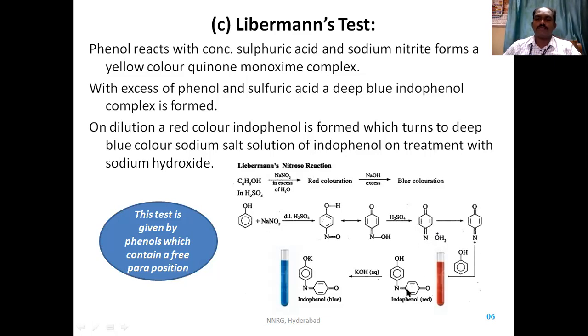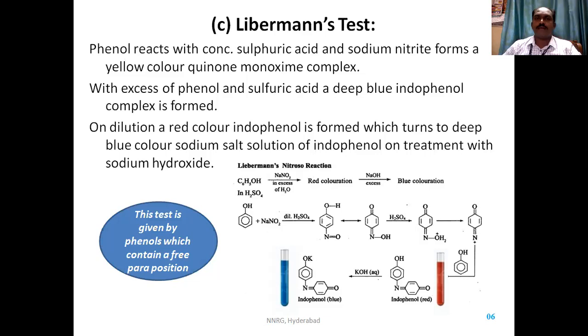Red color solution is formed. The red color solution, when it is treated with alkali NaOH, forms blue color indophenol. Formation of blue color indophenol indicates the presence of phenol.